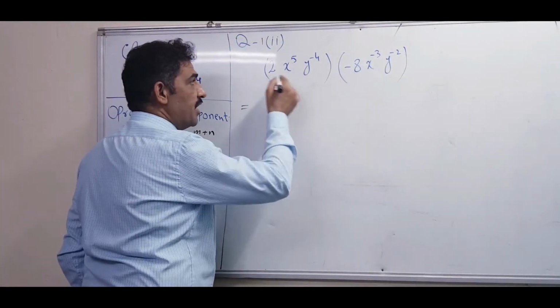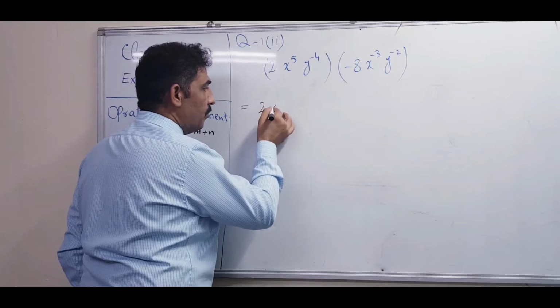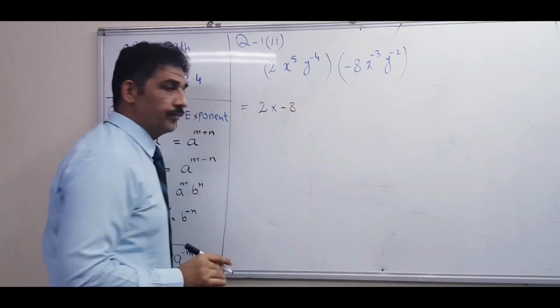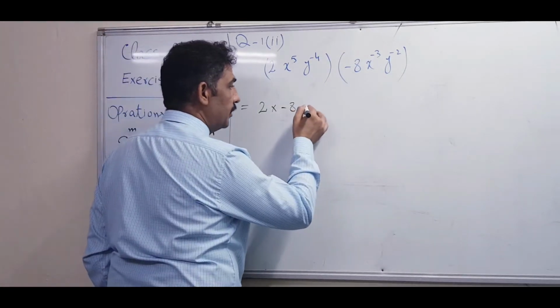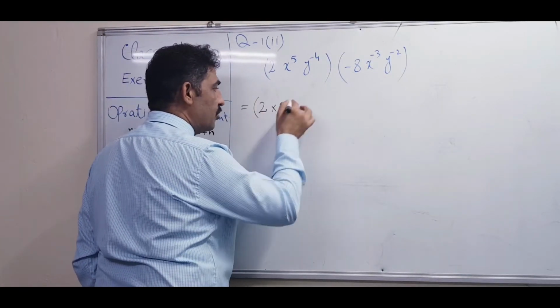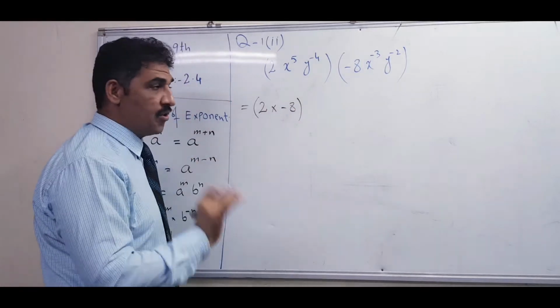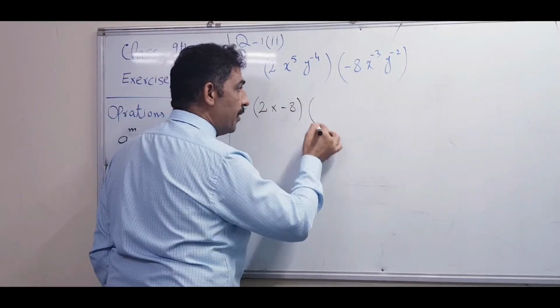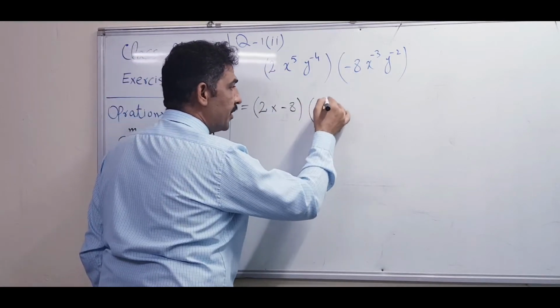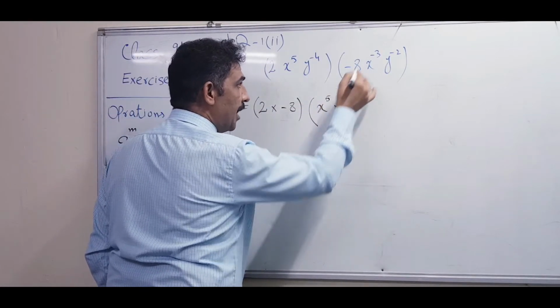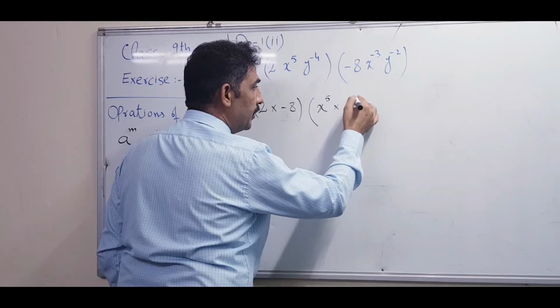First, constant with constant: 2 multiplied by minus 8. One term is here, then the sign of multiplication; you can also use brackets. Constant multiplied by constant. Now come to the variable. We have to multiply the same variables. Here x raised to power 5 multiplied by x raised to power minus 3.